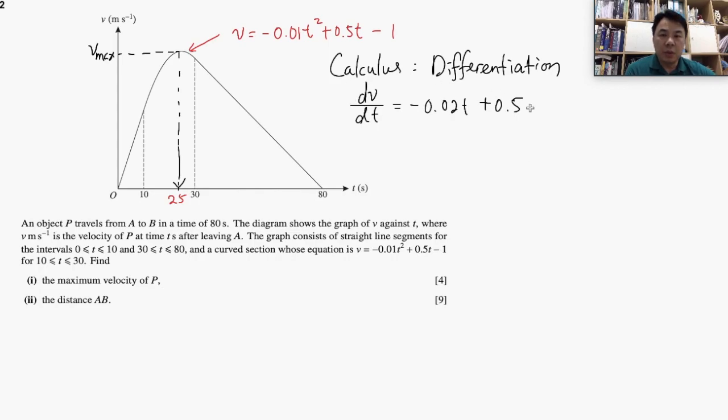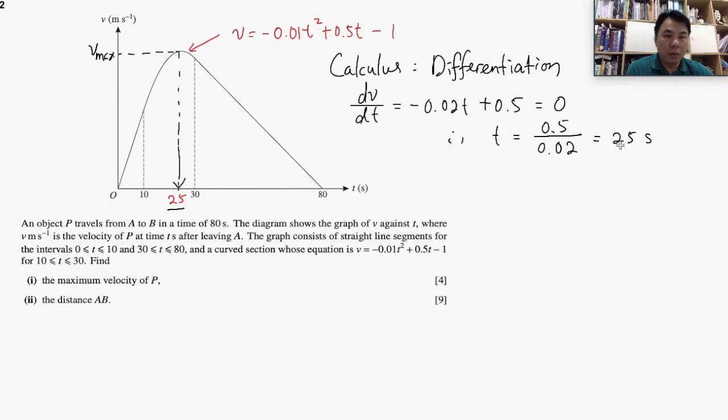To find the stationary point, we let dv/dt equal 0 because the gradient at the maximum velocity is 0. Therefore, we can figure out when the velocity is maximum by finding the time: 0.5 divided by 0.02, which is 25 seconds. Exactly the same as what we got from the previous completing the square method.